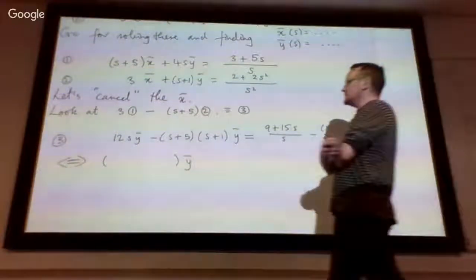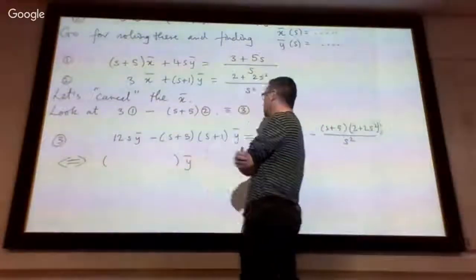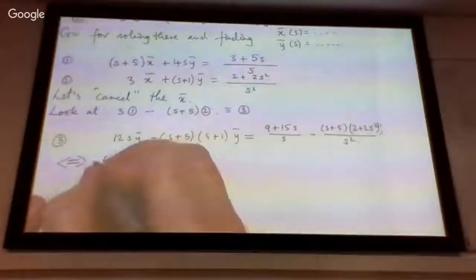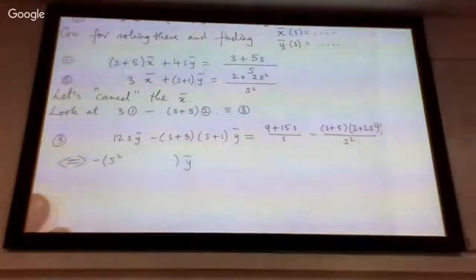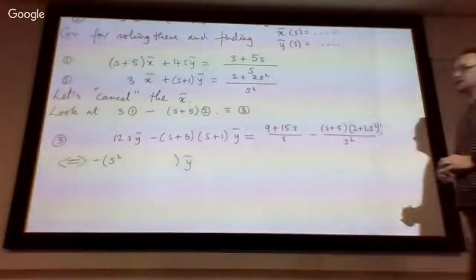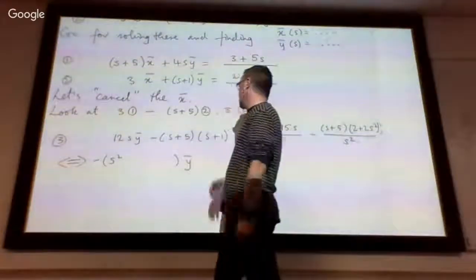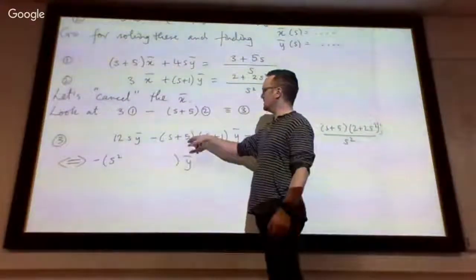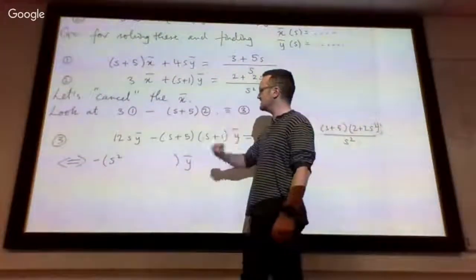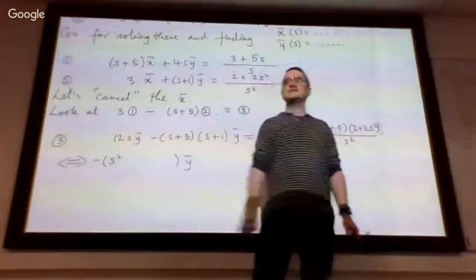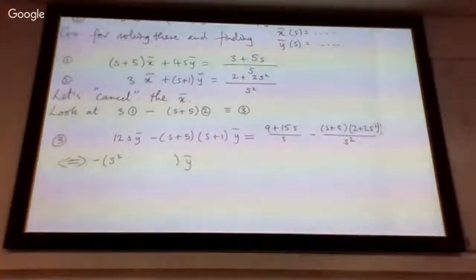So you've got minus s squared. Well, we like to write our polynomials with positive s squared in them, so I'm going to stick a minus sign on the outside. You've got s squared minus. How many s's do you have? Well, here you've got 5s, 1s, you've got minus 6s plus 12s. So in total, there's 6s.